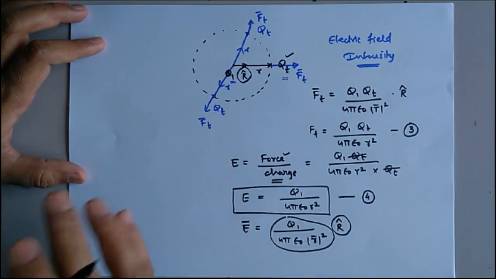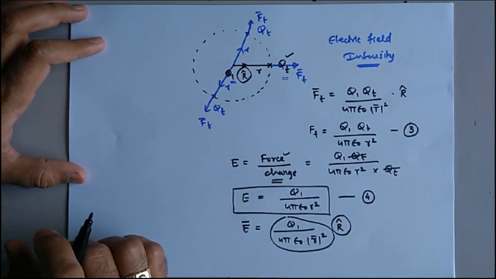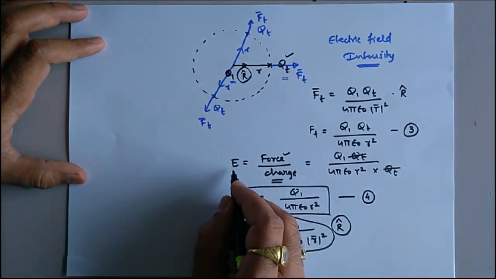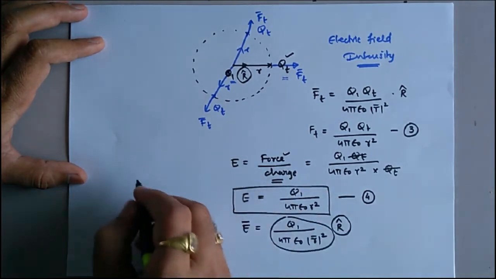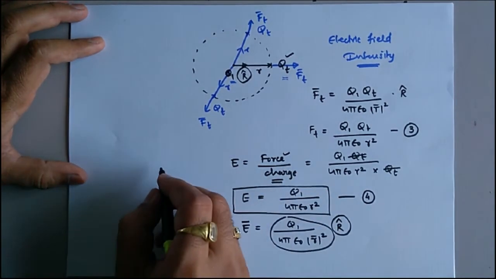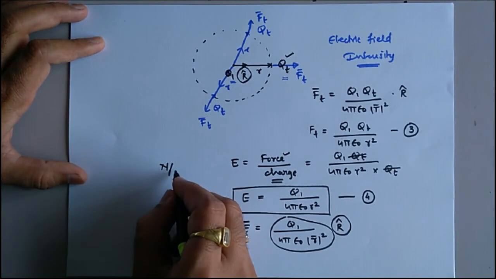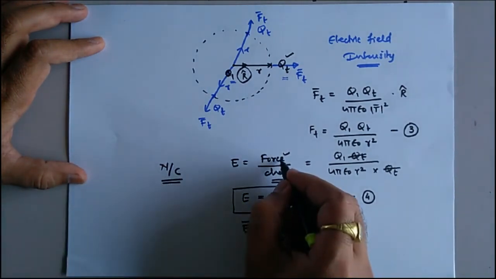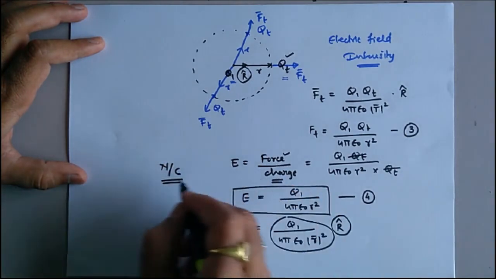Now let us try to calculate what will be the unit for electric field intensity. From this definition, electric field intensity is nothing but force per unit charge. So the unit of electric field intensity is Newton per Coulomb. Why is it Newton per Coulomb? Because force unit is Newton and charge unit is Coulomb.